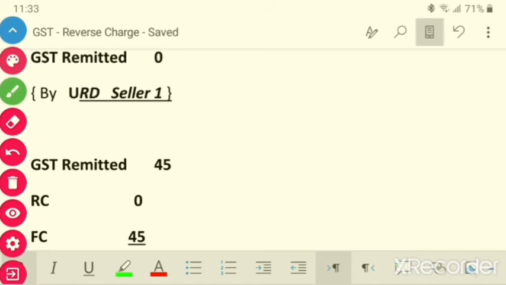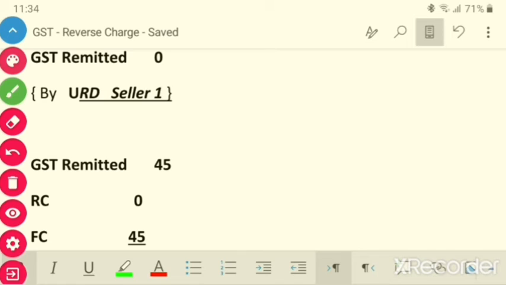In that, 45 is the GST. So whether there is forward charge or reverse charge in each stage of sale, it really doesn't matter for the consumer, because he has paid 250 rupees including GST of 45. That's it. So for stage 1 seller, FC, RC doesn't make a difference. For consumer, it doesn't make a difference.